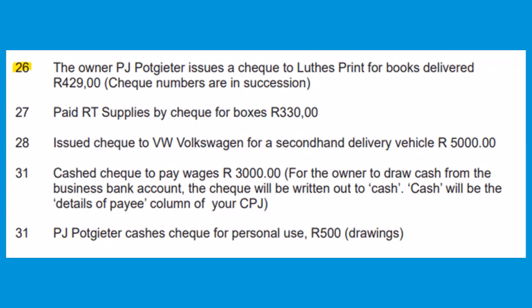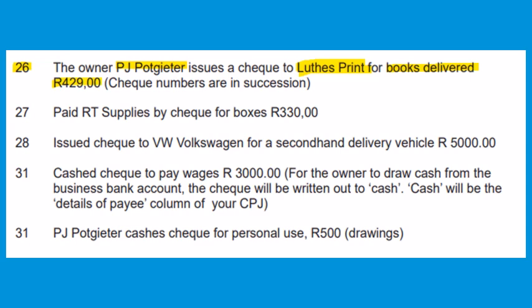It says the owner, PJ Potgieter, issues a check to Luthers Print, or whatever, I can't pronounce that, for books delivered. Okay, books delivered. Remember, this will be trading inventory because we've got a book store. So books is what we sell. So it's trading inventory and it's for 429 Rand.